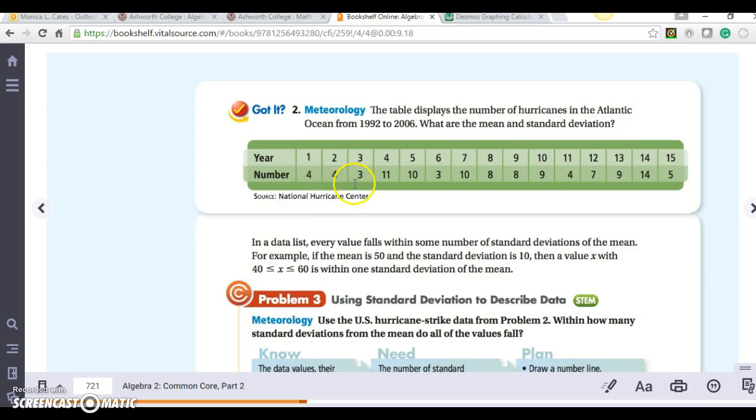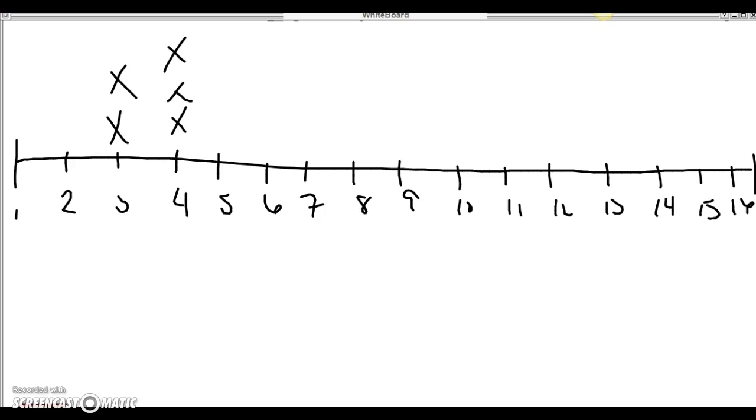There were 2 3s that were noted. There were 1, 2, 3, 3 4s. So 3 times I had 4 hurricanes, and 1 time I had 5 hurricanes. So let me put that there.